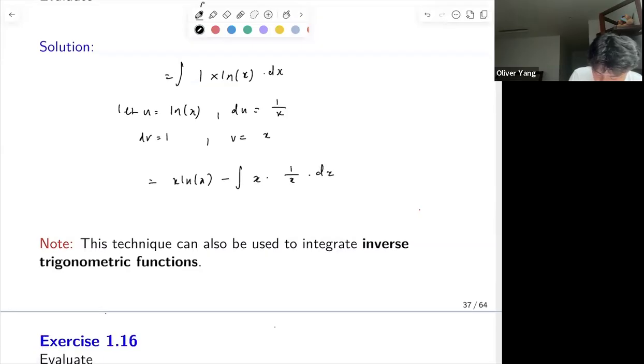And so we're just going to get x ln x minus x plus c, because the x's cancel out. You're integrating 1, and the integral of 1 is just x.